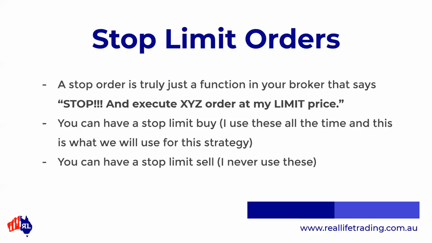So a stop limit order, the stop side of that order, all the stop means, right? The function of the stop just tells your broker, stop, I want you to execute X, Y, and Z at my limit price. Pretty much just tells your broker, don't do anything until this price is hit.